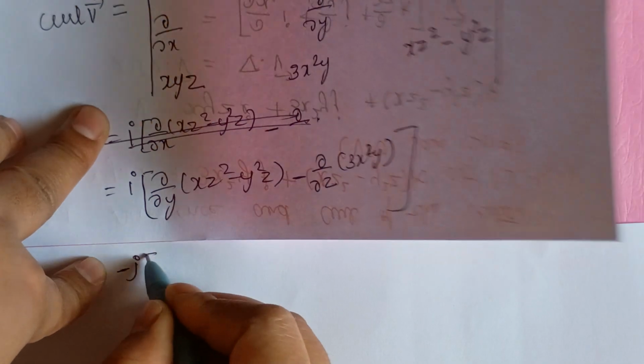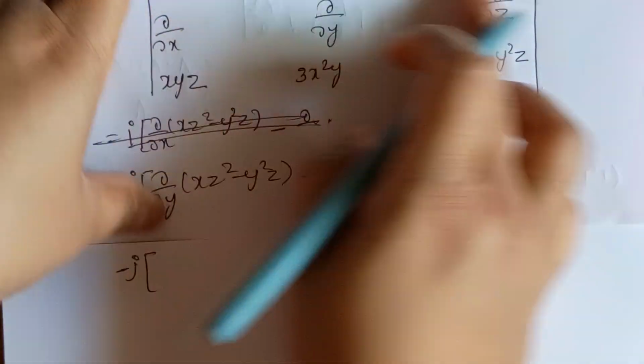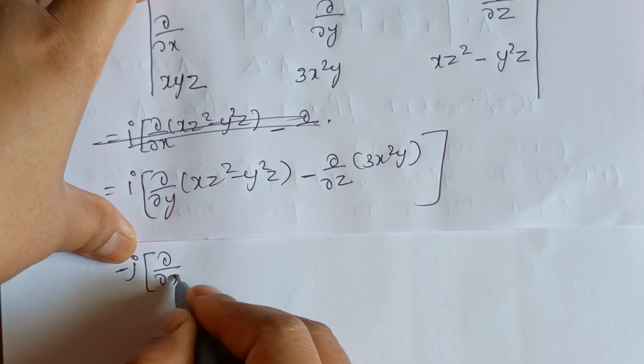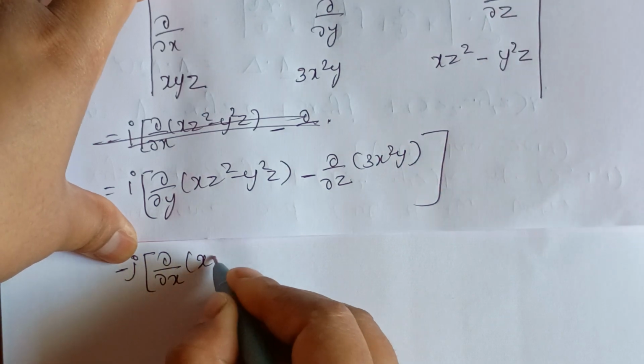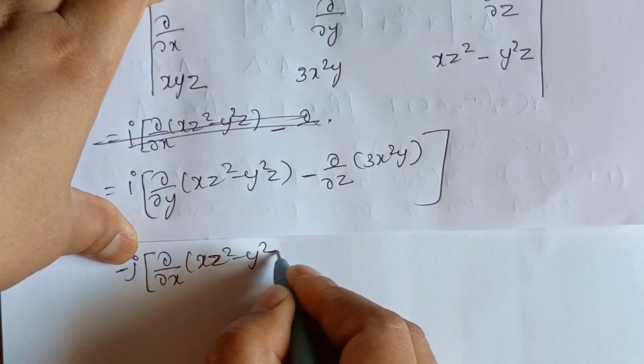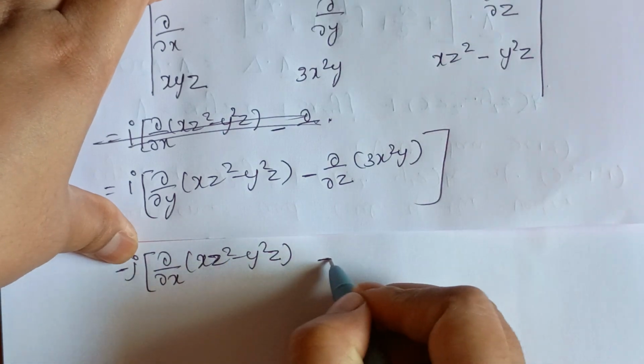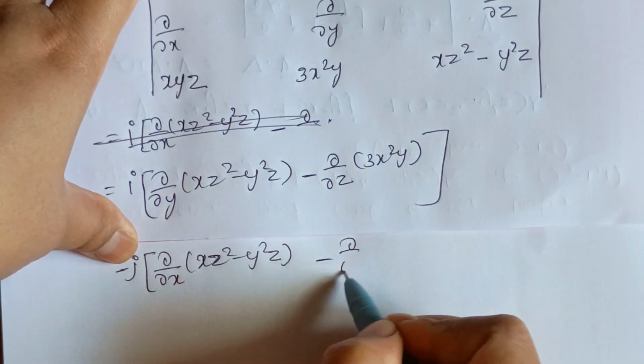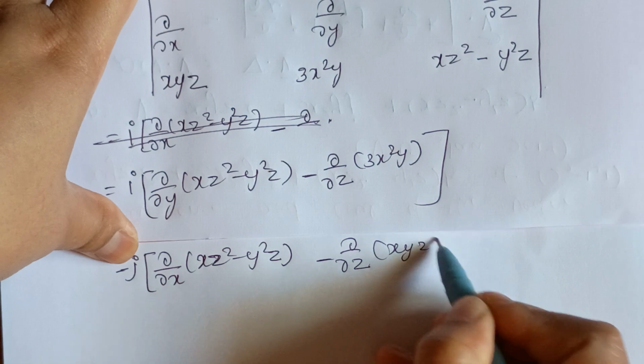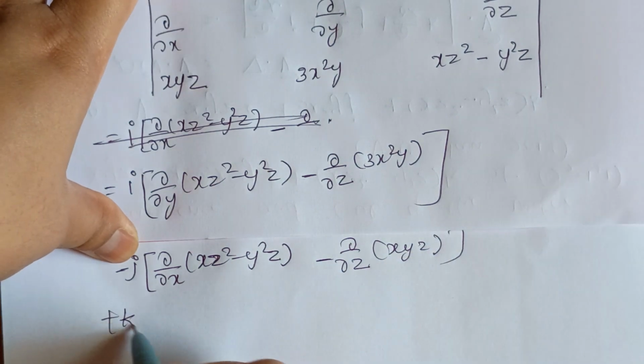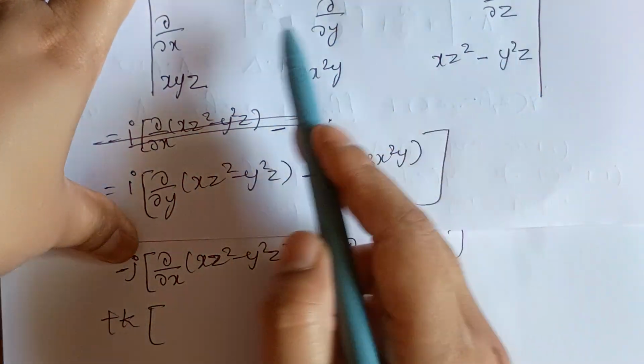Now minus j. So leave this column, leave this row. It's going to be ∂/∂x of xz² minus y²z minus ∂/∂z of xyz. Plus k. So leave this column, leave this row.